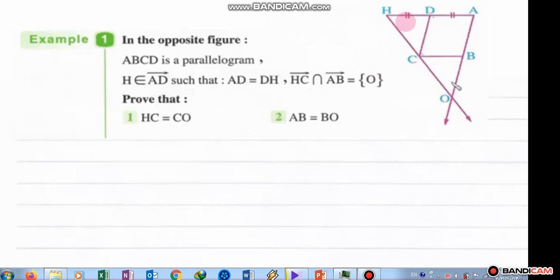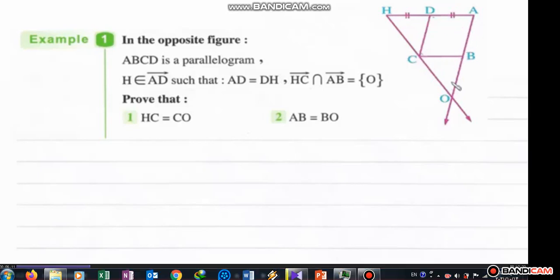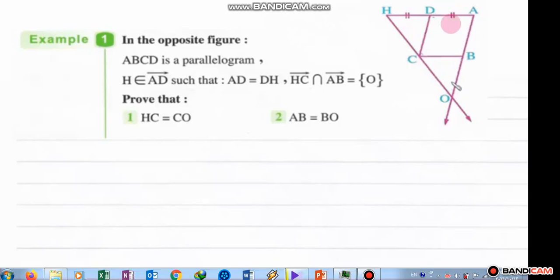In details, HC, it means HC equals CO. Since C is the midpoint of HO, proved, and CB is parallel to HA because it's a parallelogram.